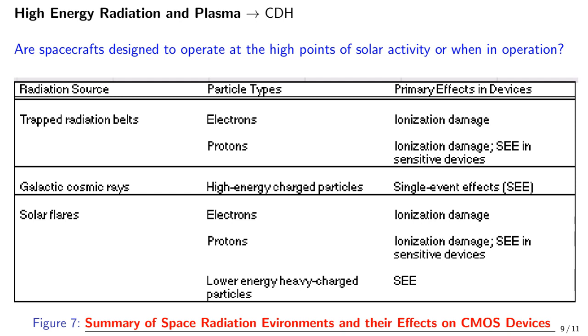You have attractions, opposite charges attracting each other. You have similar charges repelling each other, and all of that. That's going to affect your devices, and so on. Ionization basically is a major problem when you have high energy radiation and plasma. Okay.